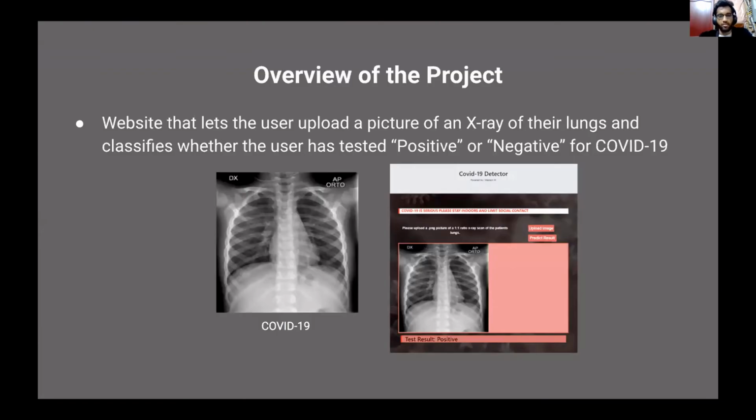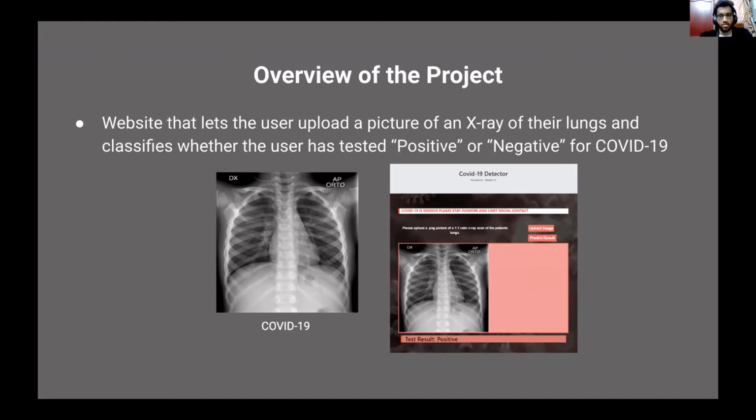We created a website that allows the user to upload a picture of an X-ray of their lungs, and it classifies whether the user has tested positive or negative for COVID-19. We used image classification, and it was supervised learning because the data set we found on Kaggle, called the COVID-19 radiography database, had two folders, one called COVID-19 and one called normal.